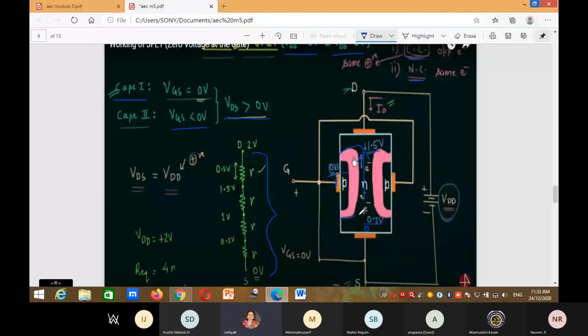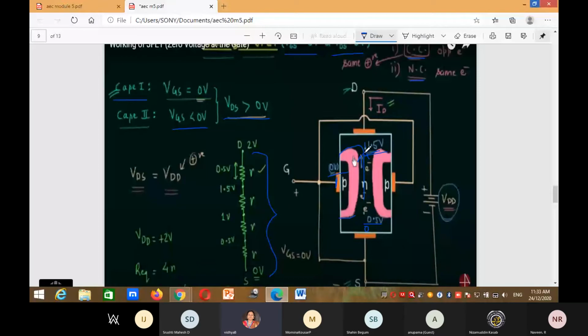The depletion region will not increase at the bottom, but at the top the depletion region will increase, because the voltage difference is more. When you compare the gate terminal and the N channel voltage, here the voltage is 1.5 and 0 voltage, so the difference is greater.